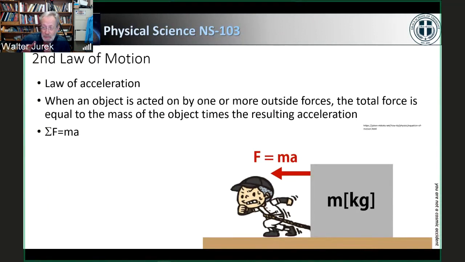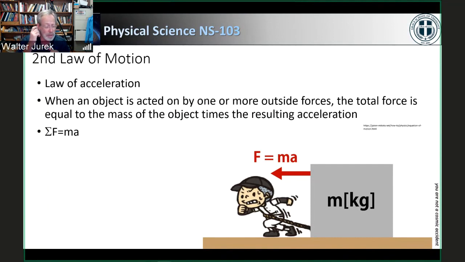The young man is putting a force on that box. If he's the only force acting on it, the amount of force he's yanking on that box is going to be equal to the mass times its acceleration.